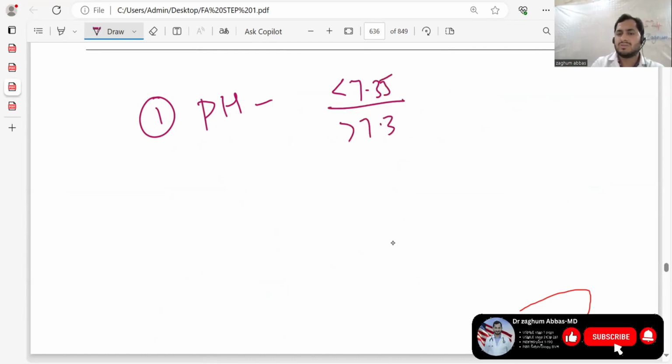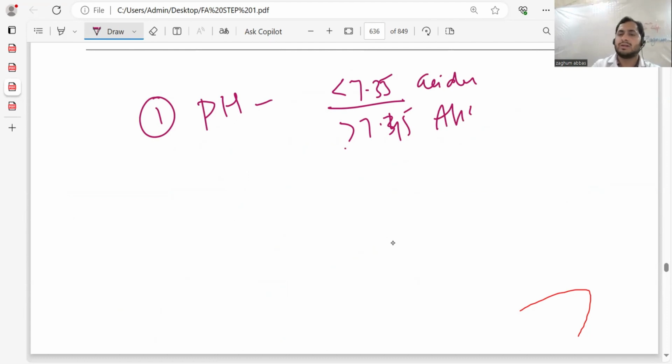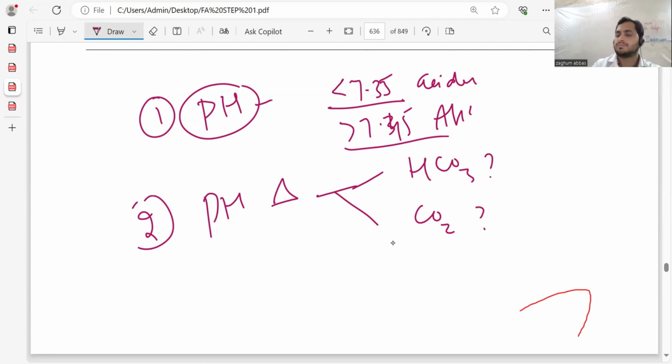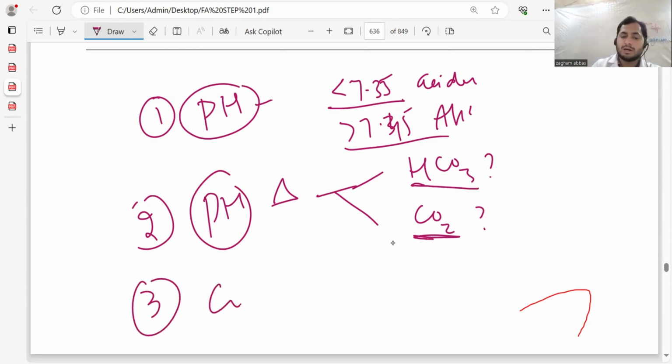More than 7.45, that is alkalosis. First, you have decided whether it is acidosis or alkalosis. Then see whether that pH change is due to bicarbonate or due to carbon dioxide. We have to decide. And third, you will see compensation.